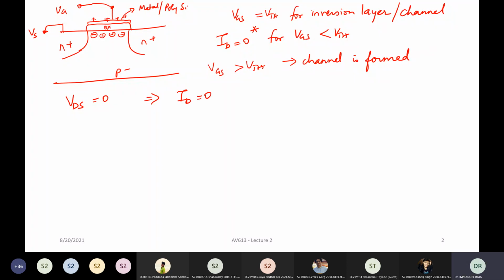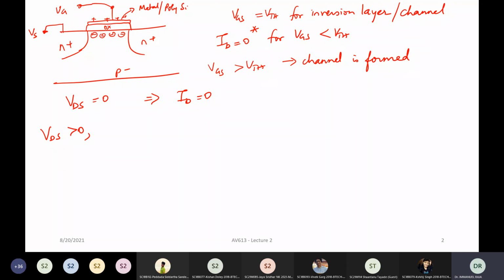The channel is formed, but both the source and the drain are sitting at the same potential. I gave the example of two bowls of water sitting at the same height. Even if you have a connection between the two, if both are at the same height, there is going to be no water flow, or in this case, no current flow. Now, for VDS greater than 0, the current starts flowing.